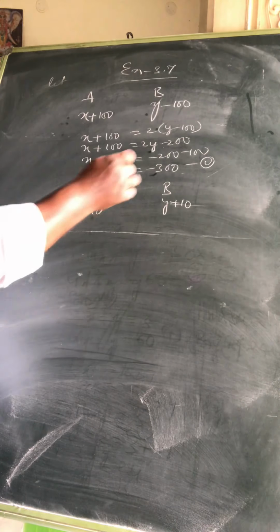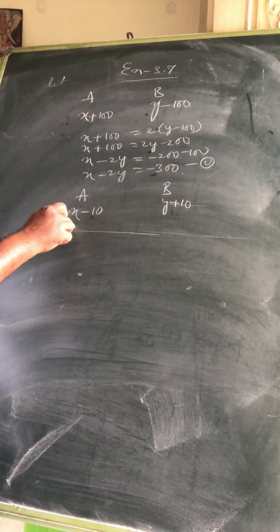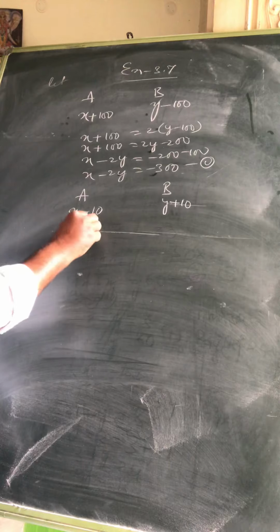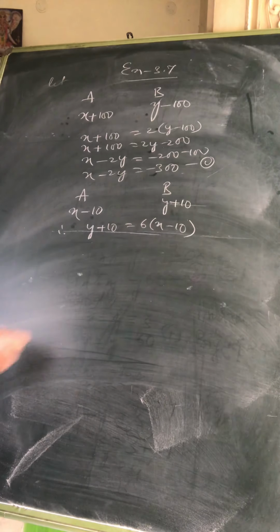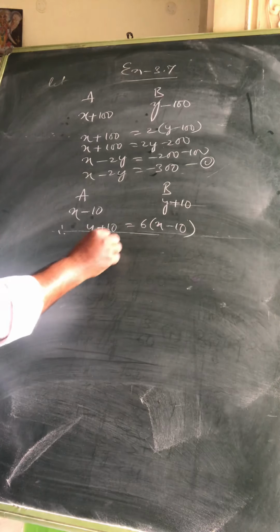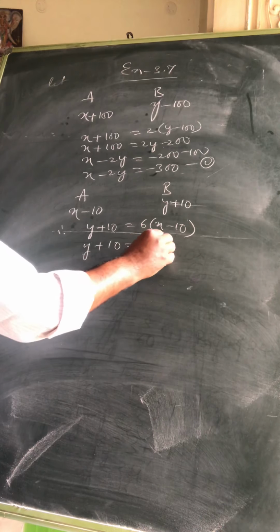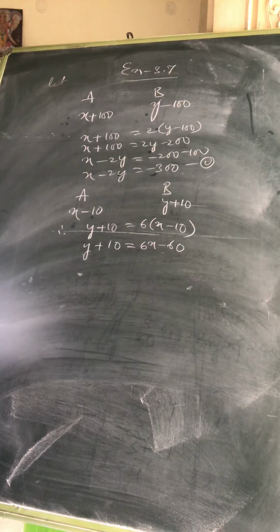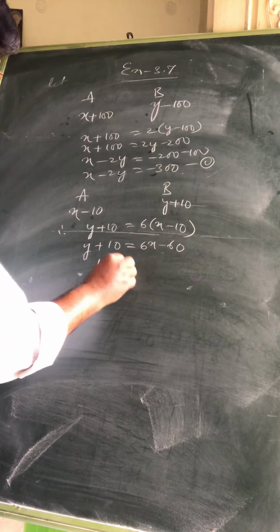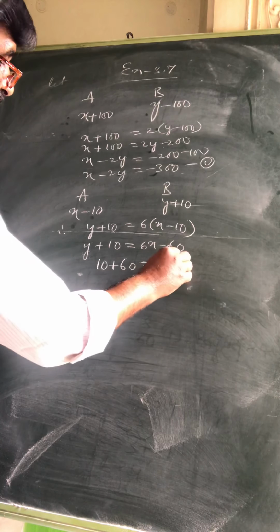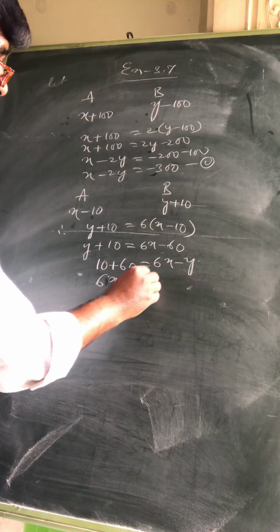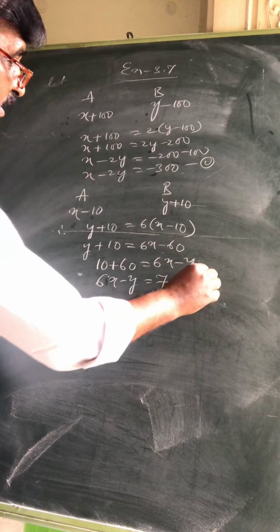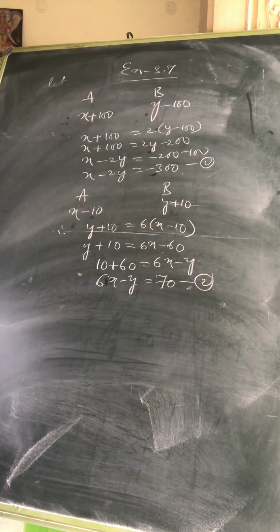Then he will become 6 times of A. Therefore, y plus 10 is equal to 6 into x minus 10. So, y plus 10 is equal to 6x minus 60. Taking all the variables to the other side, 10 plus 60 is equal to 6x minus y. So, 6x minus y is equal to 70. It is the second equation.